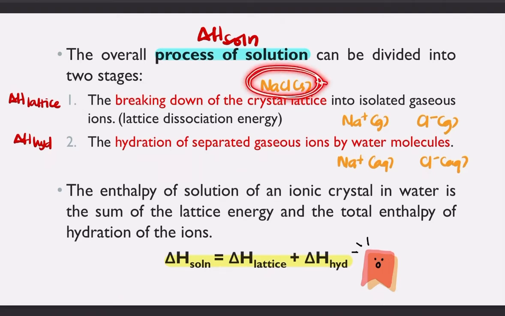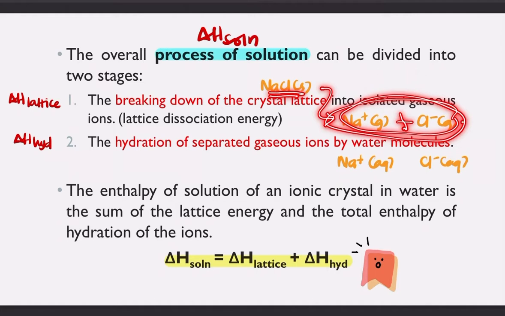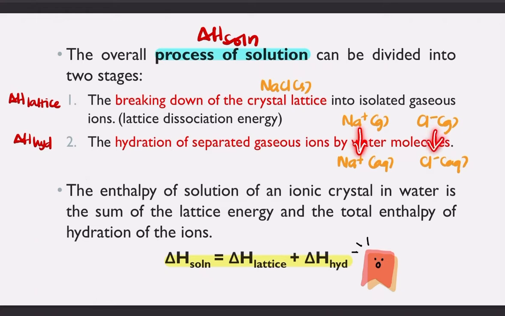It will be absorbing energy to break the bonds to form gaseous ions, Na plus gas and Cl minus gas, from your ionic solid. And after that, the second stage is you change your gaseous ions, you hydrate them with water so that it will form your aqueous ions.